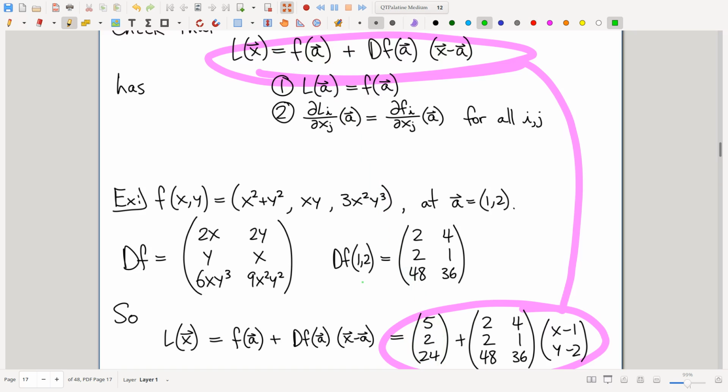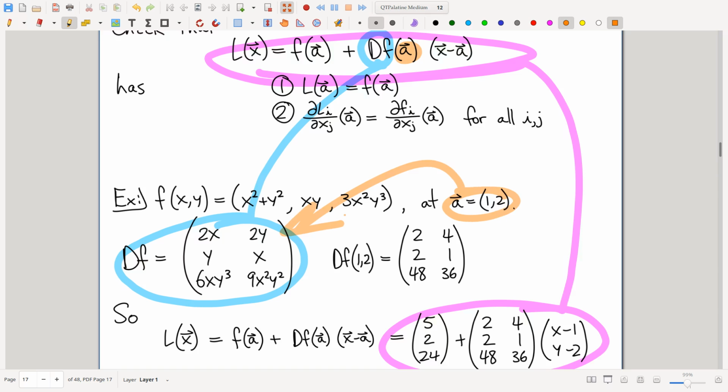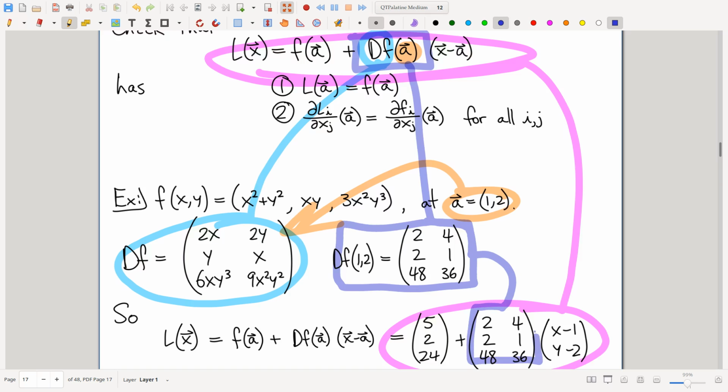Now the kind of detailed part: you've got to compute the derivative matrix, and the derivative matrix is a bunch of partials. You've got to plug in the point A that's given. That plugs in there, thus giving you the evaluated derivative matrix here.